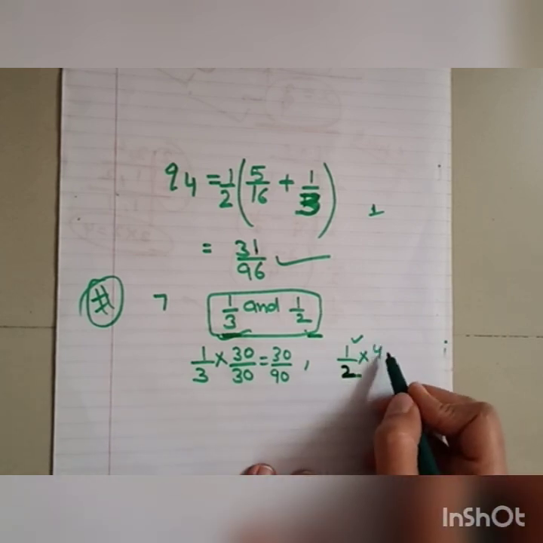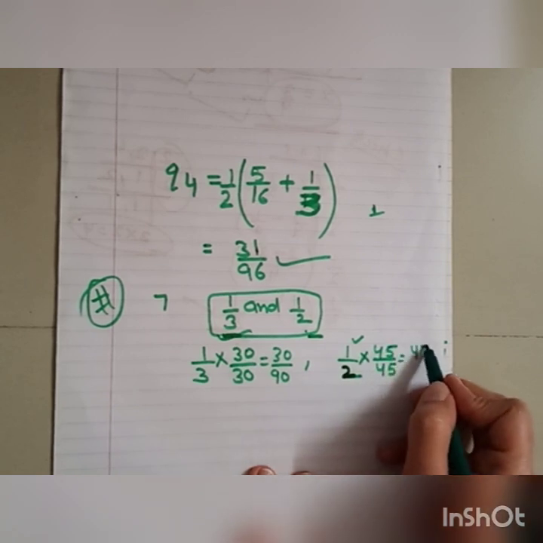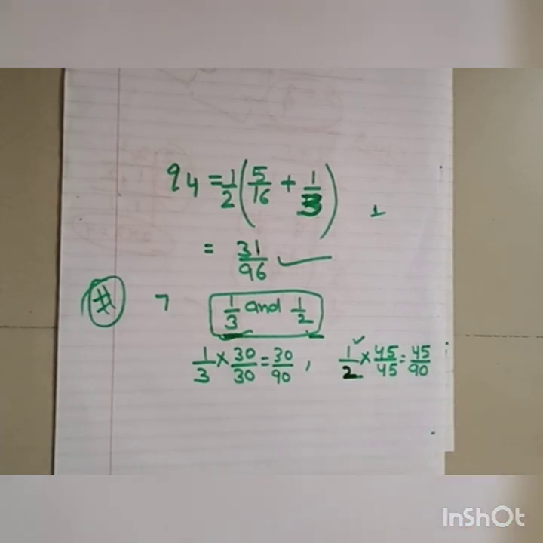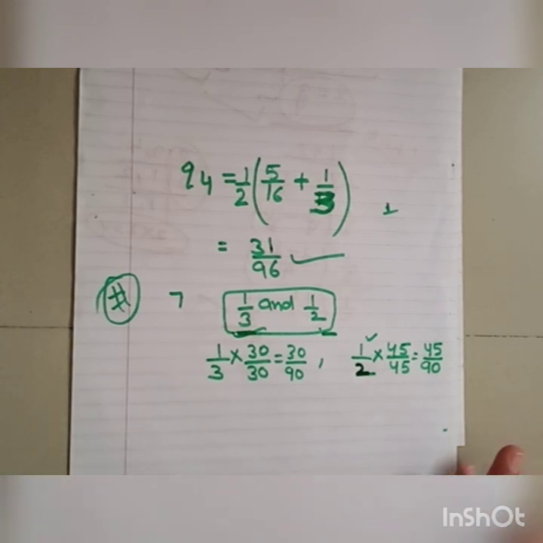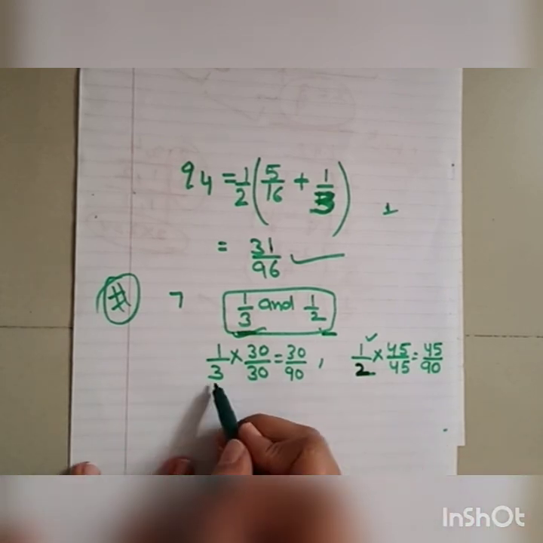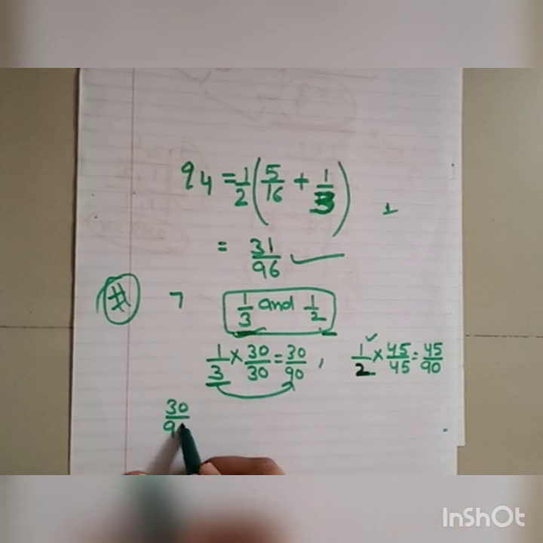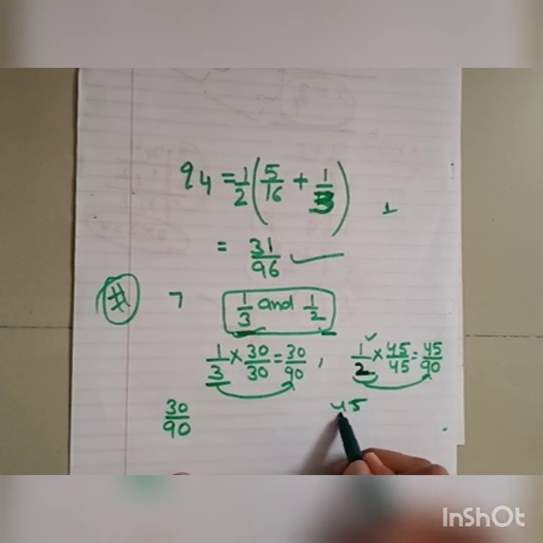So we multiply by 45 and 45. You can try multiplying by any table. Now this rational number becomes 30 by 90 and this one becomes 45 by 90.